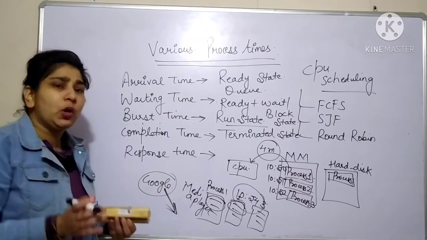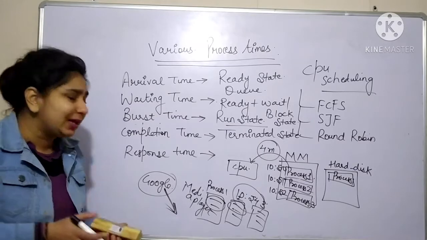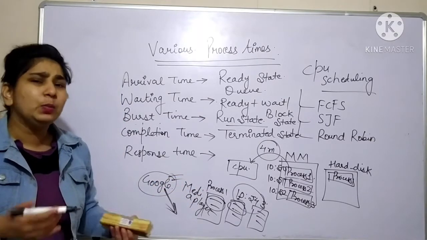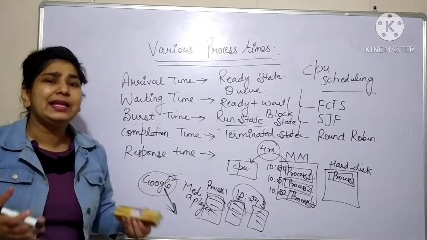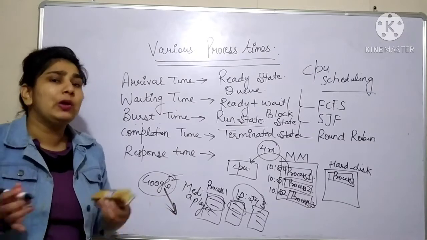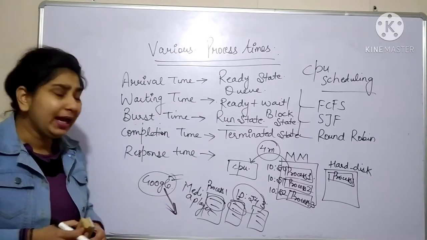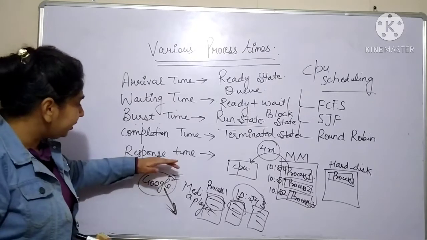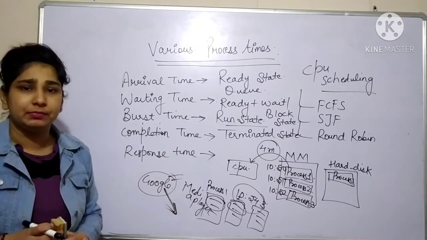But if you don't get a response even after clicking 1 to 2 times on Google Chrome, then what happens? You feel irritated. You again and again click on Google Chrome. So that is the actual purpose. We have to reduce our response time.